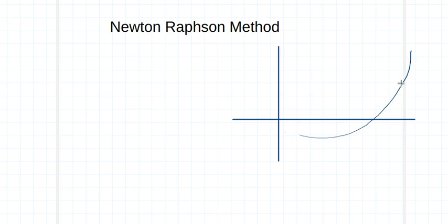Right, so this is a graph. Say it is y is equal to f of x. It is the y-axis and it is the x-axis.